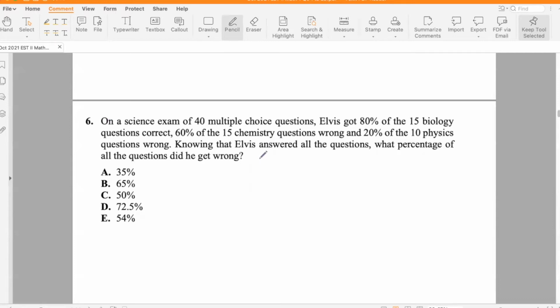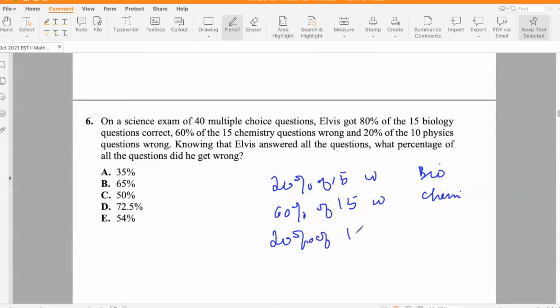If he got 80% on biology correct, he got 20% of 15 wrong in biology, 60% of 15 wrong in chemistry, and 20% of 10 wrong in physics. 20% of 15 is 3, 60% of 15 is 9, and 20% of 10 is 2.